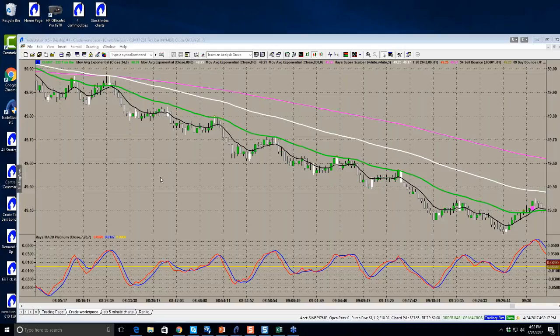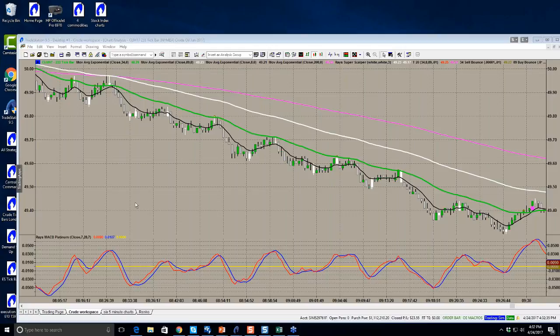All right, so the MACD divergence is one of our indicators. We primarily use that. We don't need this to define the trend, like the MACD above or below the zero line.